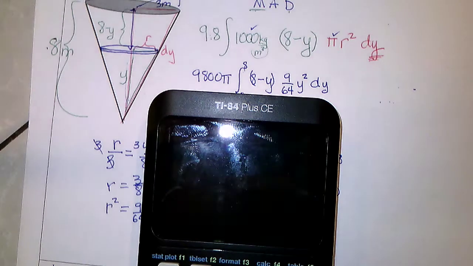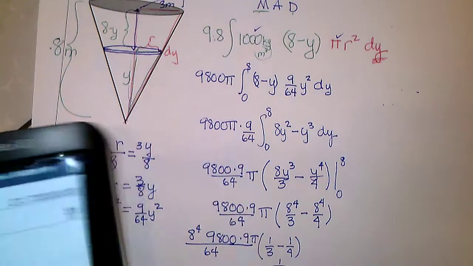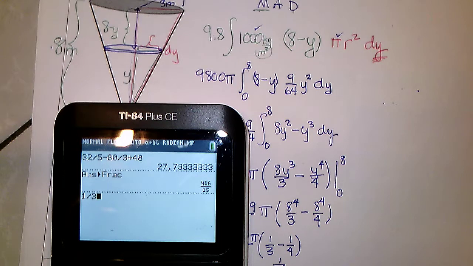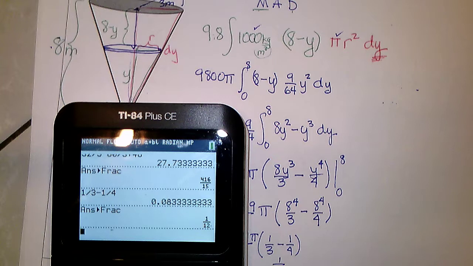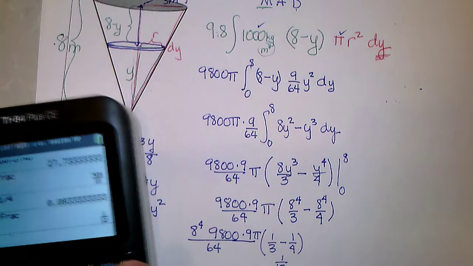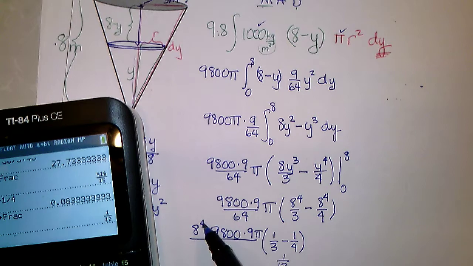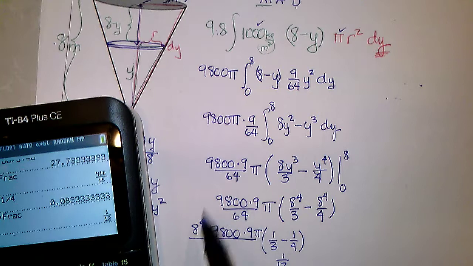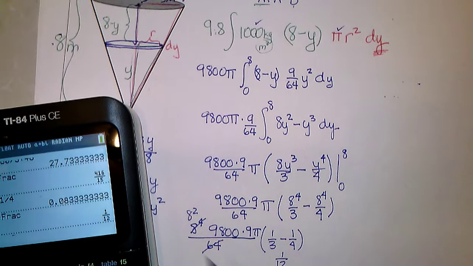Just to check my work. 1 divided by 3 minus 1 divided by 4. Math, enter, enter, 1/12. But I could have kept this in here. The only reason I took this out is because 8 squared is 64, so this would change to 8 squared and cancel the 64.